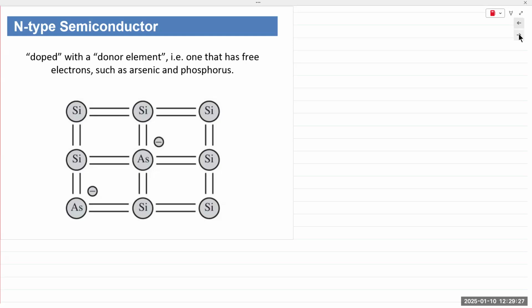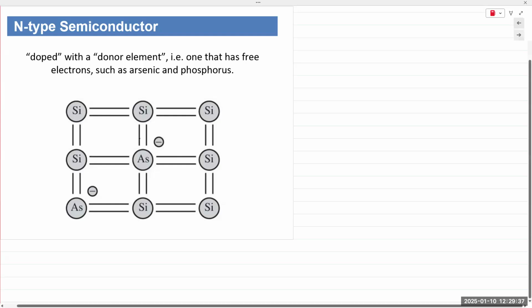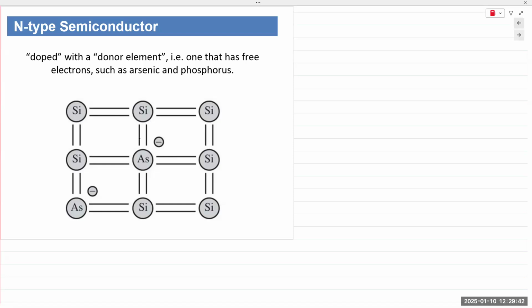That's the point that we are getting at right now. If you add something from a column 5 element, let's say here we are using arsenic, or phosphorus, it has 5 electrons in its outermost orbit. 4 of those 5 electrons will form bonds with 4 silicon atoms, here with these 4 atoms.